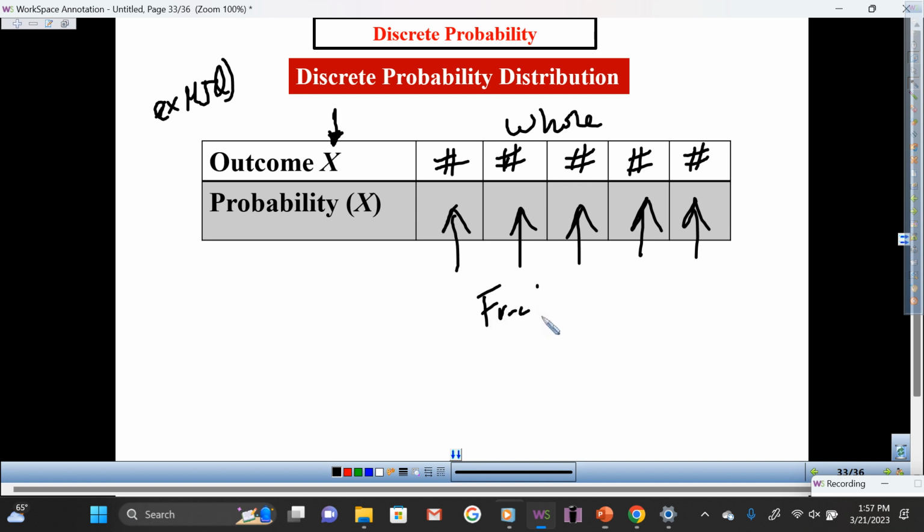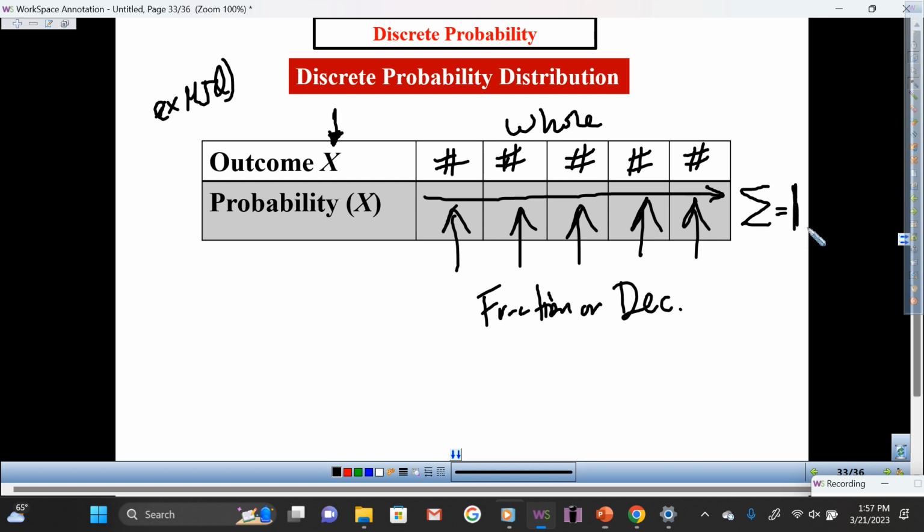With a fraction or decimal. Yes. And of course, all the probabilities of X should add up to, tell your neighbor what that would be. Everyone? 1, that is correct.